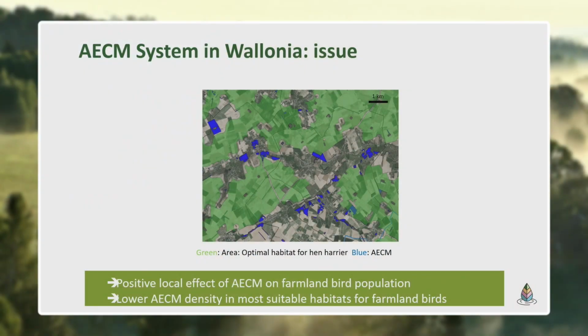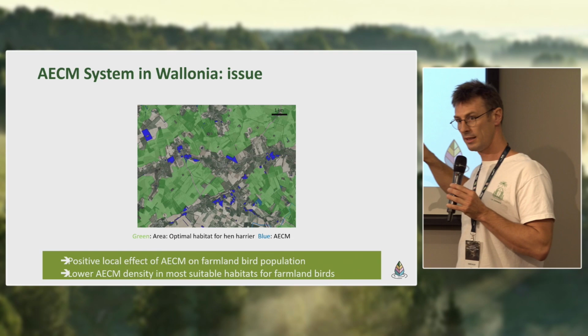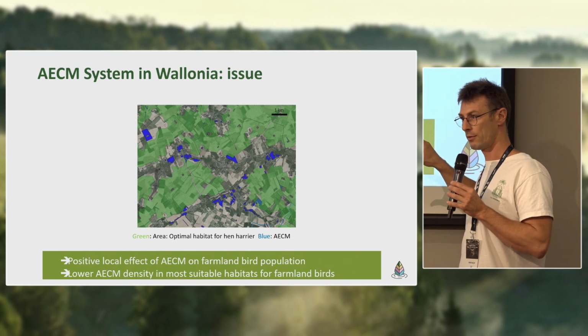There are some issues with our system. We know that there is a positive effect of the scheme on the local scale, on the local bird population, but we do not access the most interesting area for the bird.